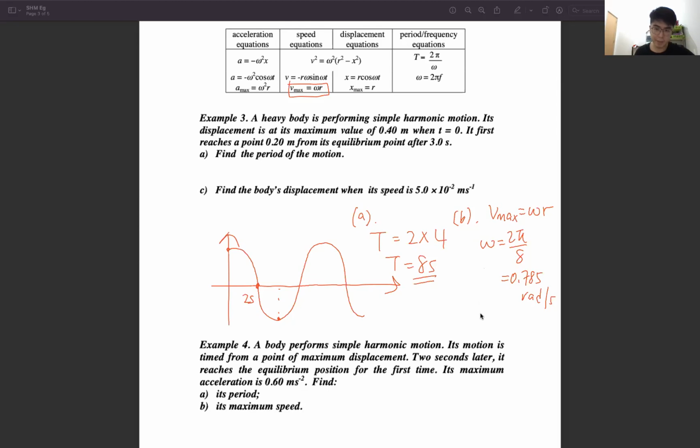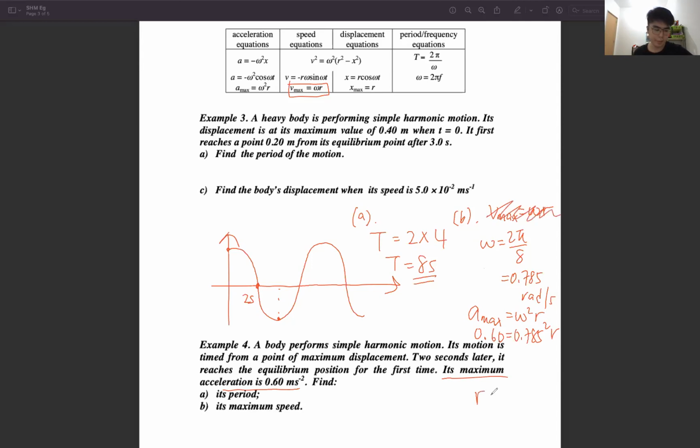okay, we want to find the r first, right? Amax equals omega squared r. So 0.60 equals 0.785 squared r. Okay, given that this is the Amax, not the Vmax, okay, Amax. Let me erase this.